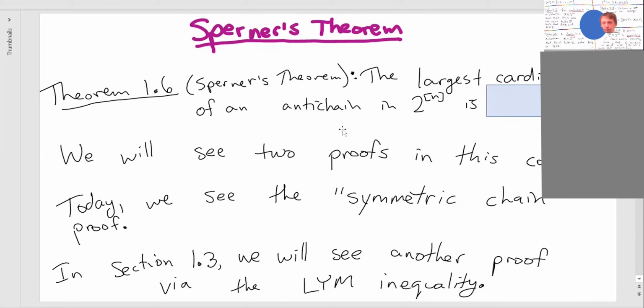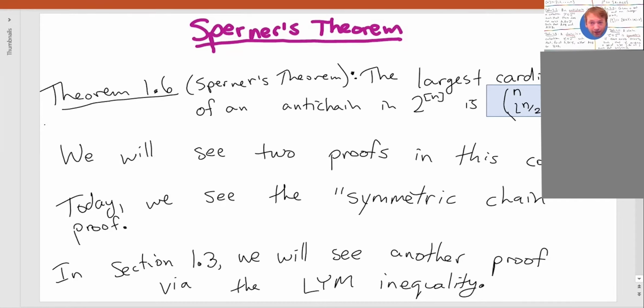What I'm hoping to get through today is a proof of Sperner's theorem, which says that the largest cardinality of an antichain in the power set of the numbers 1 up to n is actually N choose N over 2, where whenever I say N over 2, I mean the floor or the ceiling.